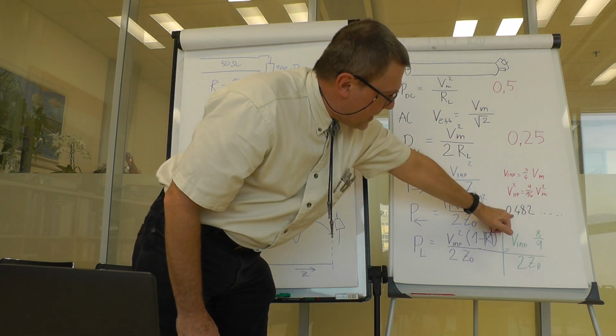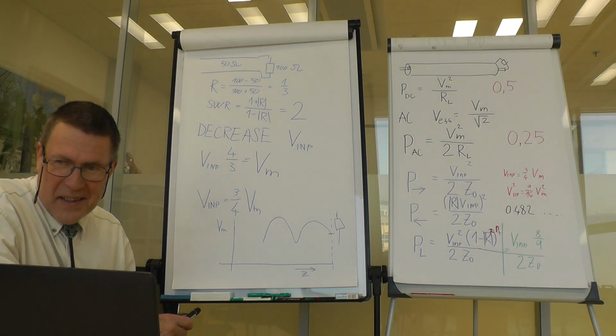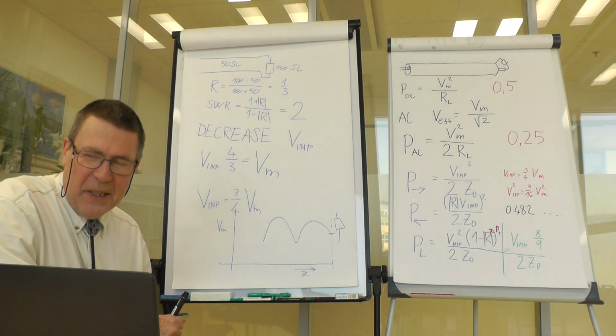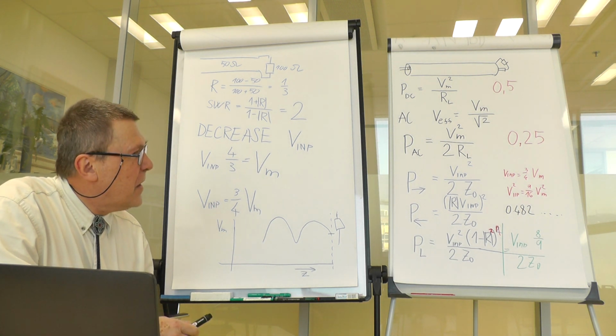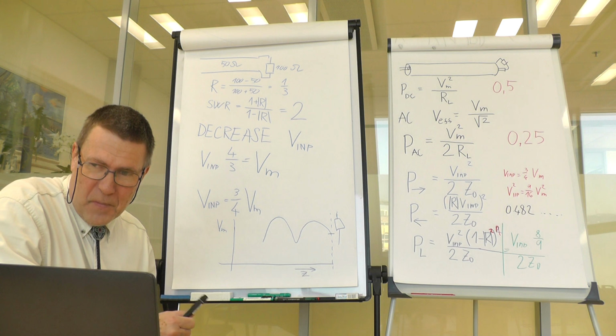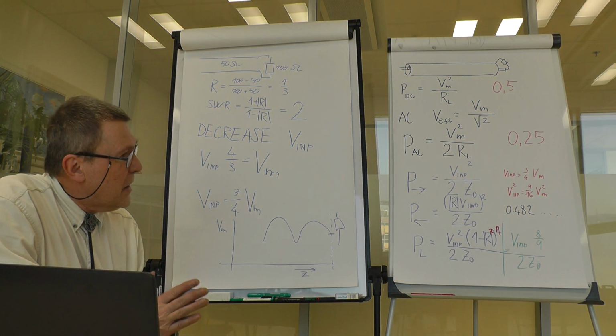And now for this mismatch, it would be not 1/4 but 1/8 of the power that could be delivered to a matched load in a DC case.